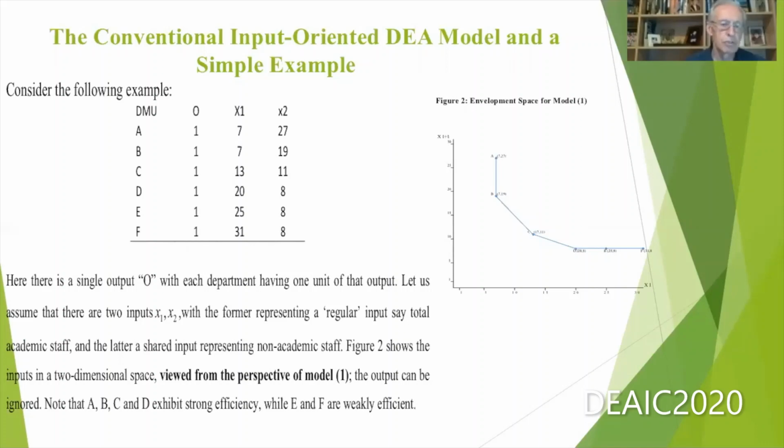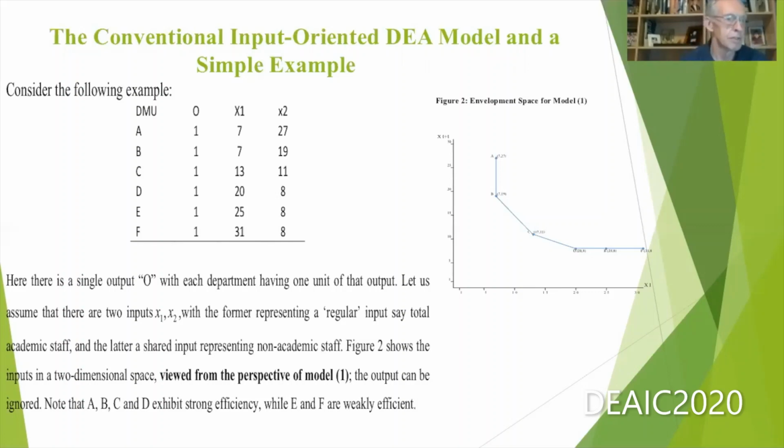Figure 2 shows the inputs in a two-dimensional space, viewed from the perspective of Model 1, and the output can be ignored. Note that A, B, C, and D exhibit strong efficiency, while E and F are considered to be weakly efficient. This conventional model is deficient, however.